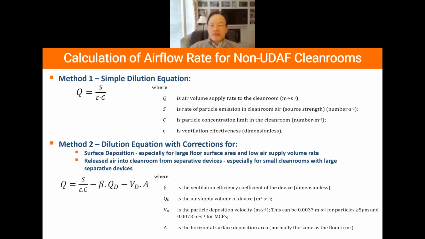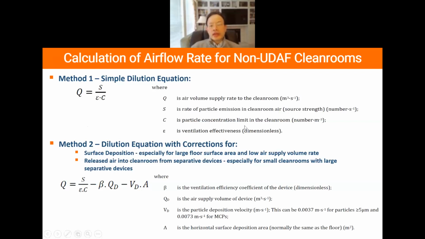Also, this is very new: the standard introduced a calculation formula for airflow rate for non-unidirectional airflow clean rooms. Method 1 is the simple dilution equation. U is the supply airflow rate. S is the particle emission or particle generation, which is the source strength.